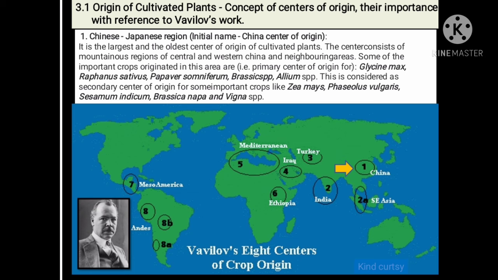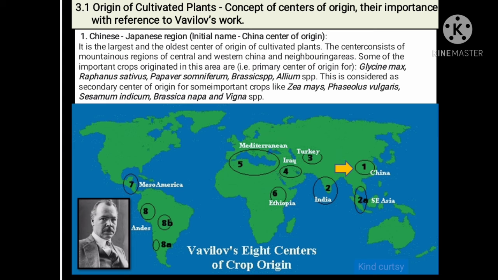Such new areas with a considerable diversity were termed secondary centers of origin of cultivated plants by Vavilov. As the nature of primary and secondary centers of origin of cultivated plants depends on the diversity of forms, later on these centers were considered as primary and secondary centers of diversity.